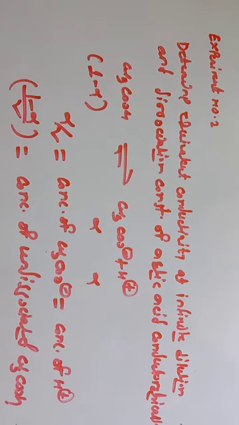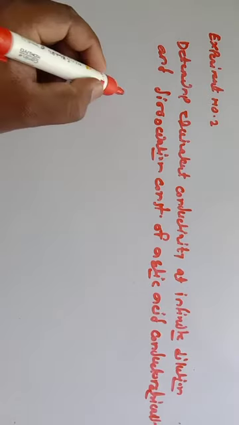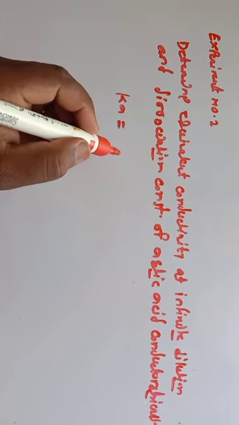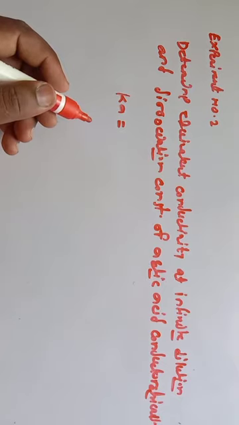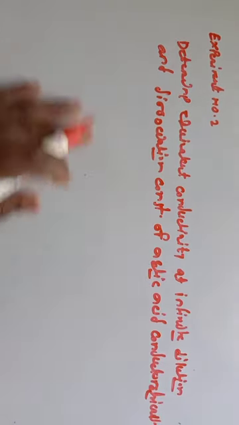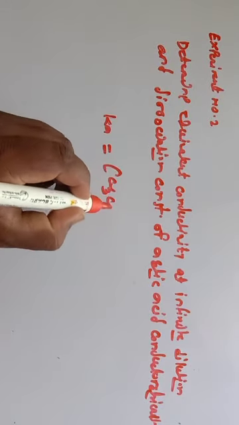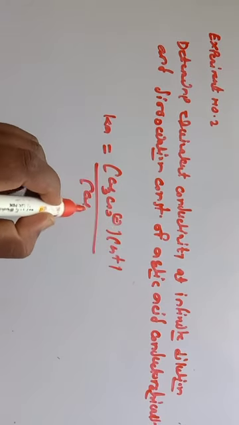So substituting these values into the Ostwald dilution law, Ka is equal to the concentration of CH3COO minus into H plus upon the concentration of acetic acid.